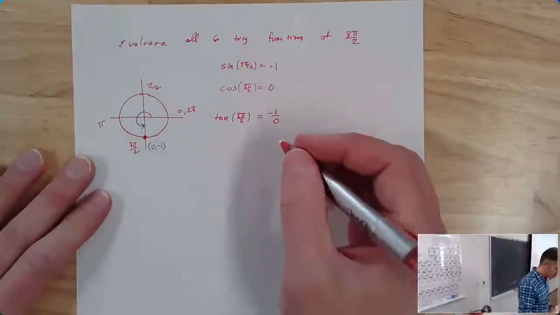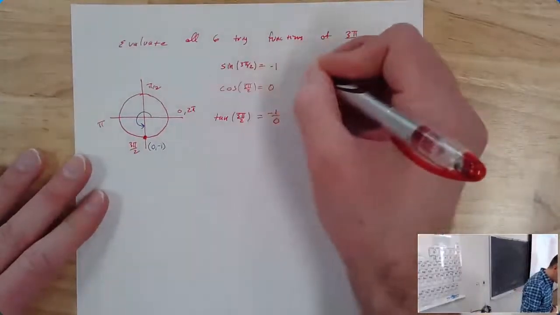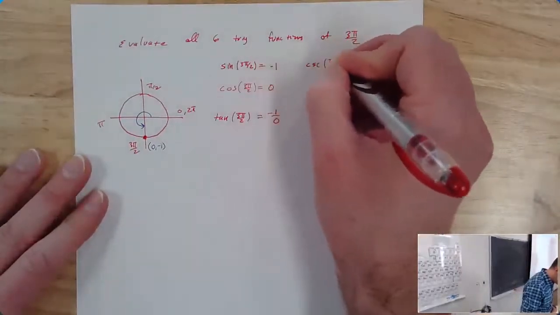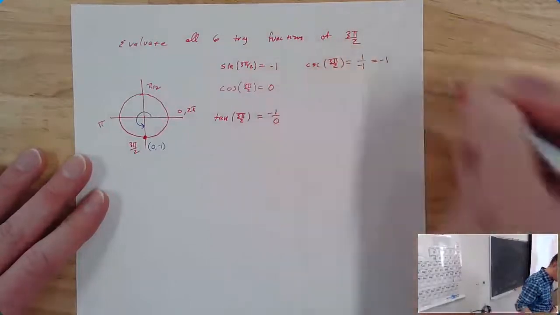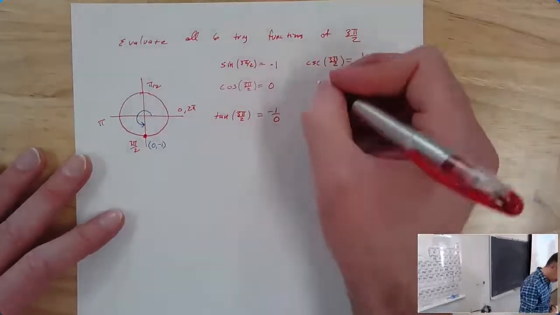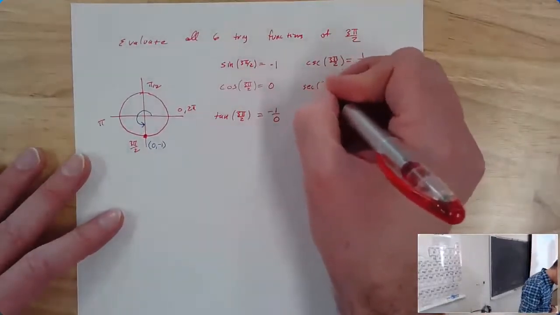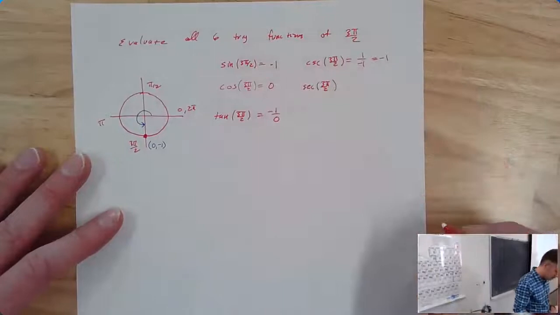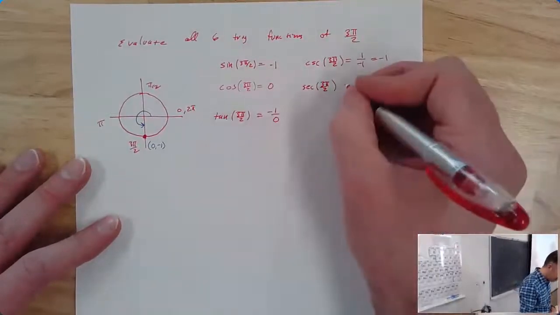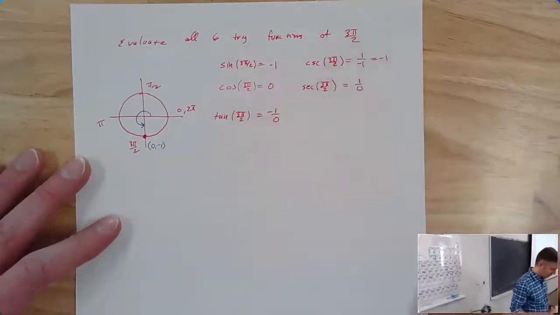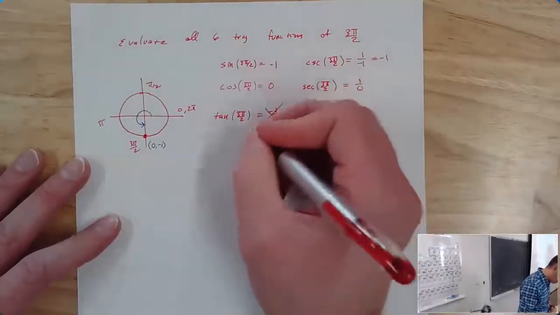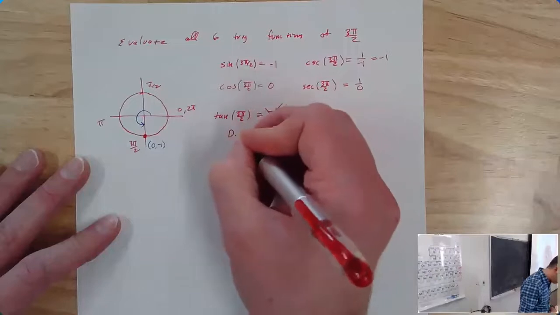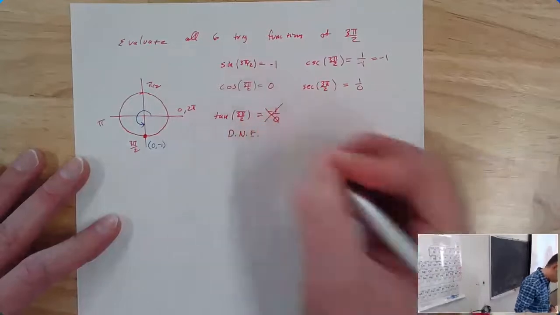Let's find the reciprocals. The reciprocal of sine is cosecant. So cosecant of 3 pi over 2 should be 1 over -1, which is -1. And secant of 3 pi over 2 is the reciprocal of cosine. Cosine is 0, so secant is 1 over 0. Oh, that does not exist. So actually, I stopped and I shouldn't have. I should cross this out and say tangent of 3 pi over 2 does not exist.